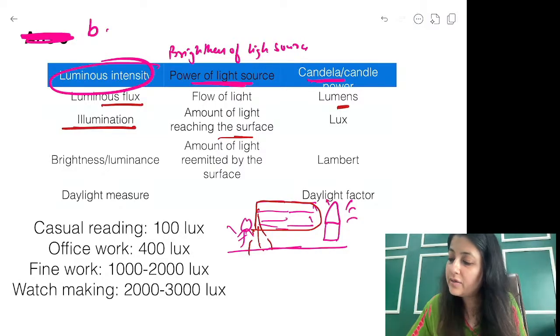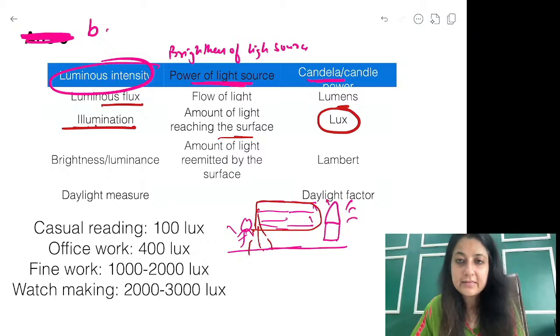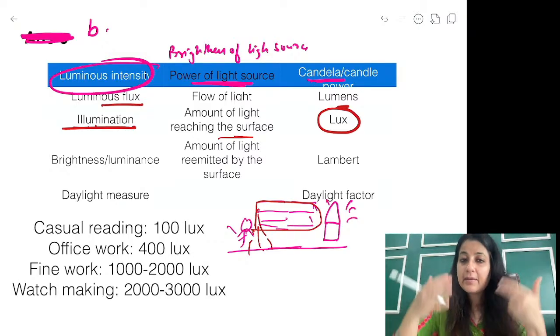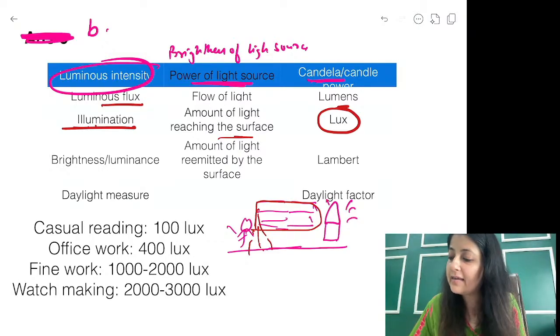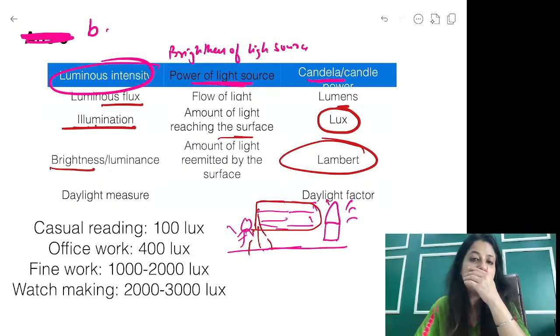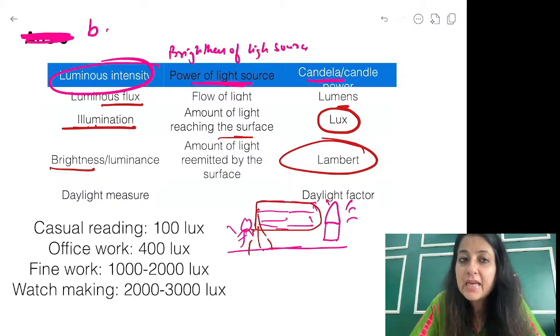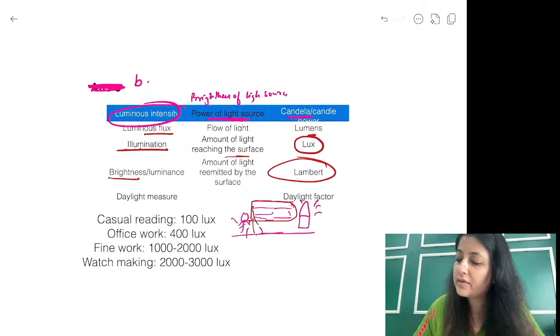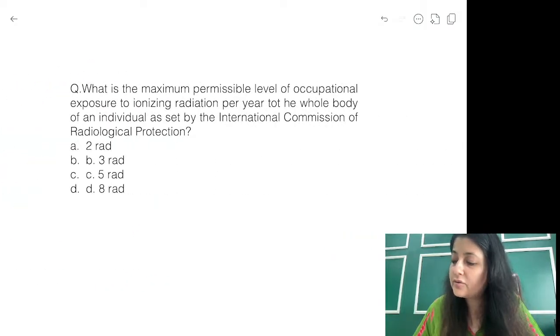Illumination, and the unit is lux. Some amount of light will be re-emitted by the surface and reaches our eyes. That is brightness, Lambert. But if I ask you the brightness or power of a light source, that is luminous intensity, that is candela. Will you remember this image and this question?